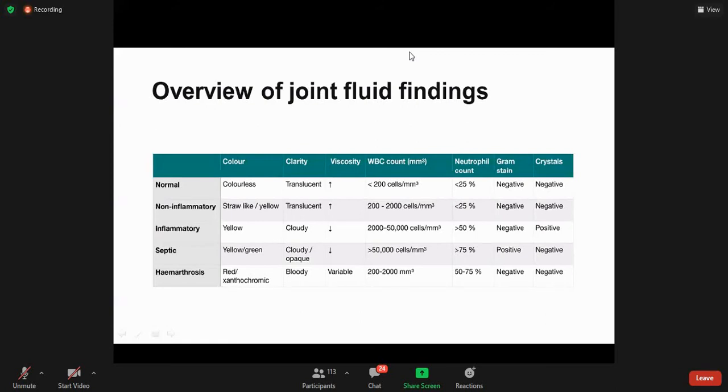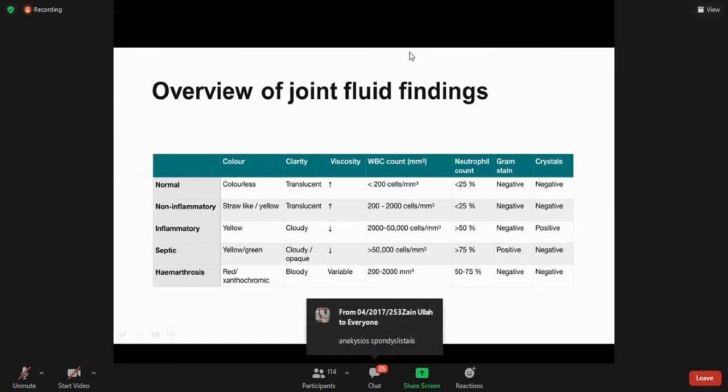Now, what you mentioned in non-inflammatory will also be in inflammatory. So what do you think? Gout is inflammatory, okay. Ankylosing spondyloarthritis, okay. Right. So remember your answers.